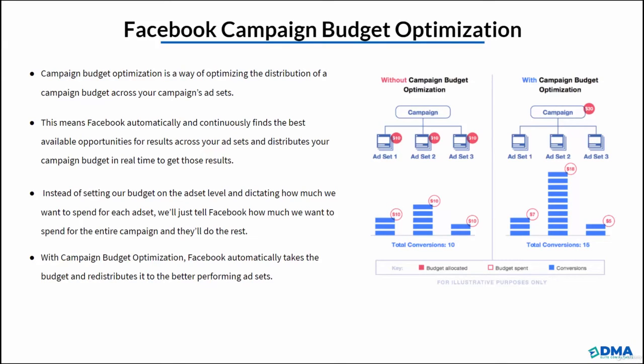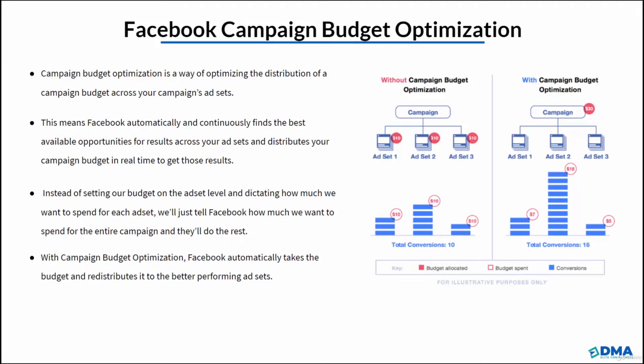Now with campaign budget optimization, we can see that with ad set 2, there was $18 spent on this particular ad set, and we got a ton more conversions because Facebook started noticing, okay, ad set 2 is converting very, very well, and we're going to put the majority of the budget into ad set 2 because that is the one that is converting the highest and the best. This is what Facebook is doing automatically.